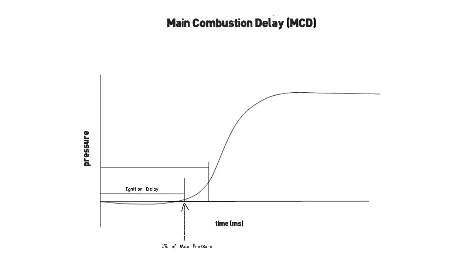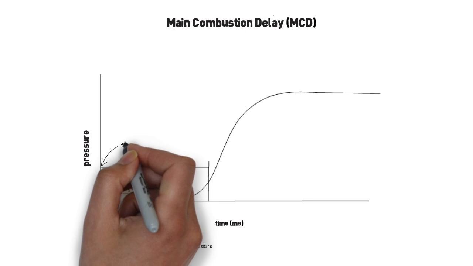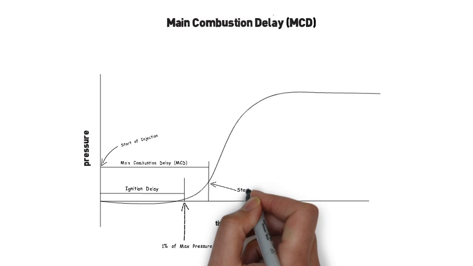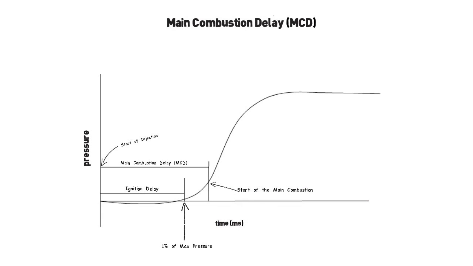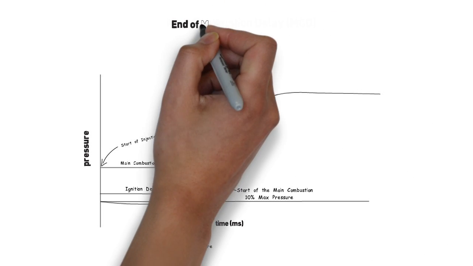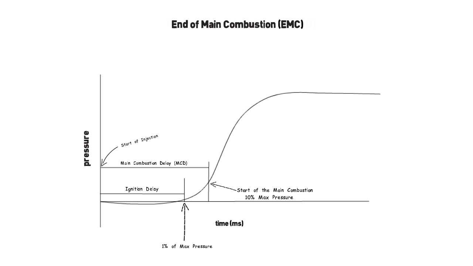You can see here on the graph that the main combustion delay is the period of time between the start of the fuel injection and the initiation of main combustion. Measurement of the main combustion delay starts when the pressure reaches 10% of the maximum pressure recorded at the end of the combustion period.